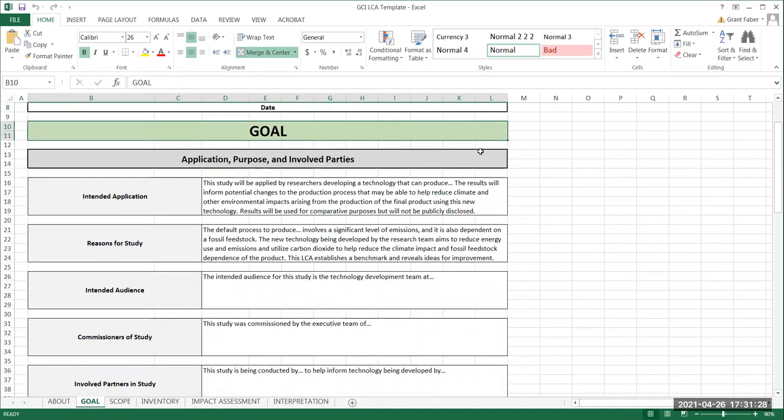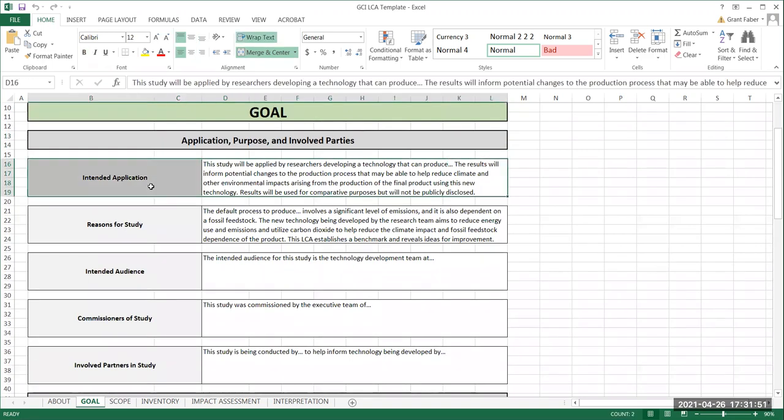Anyway, moving on, we have different sections of the template, and you'll see these colors throughout. The green is basically the title of a worksheet, and this darker gray shading represents different sections. These headers are different sections of related information throughout here.